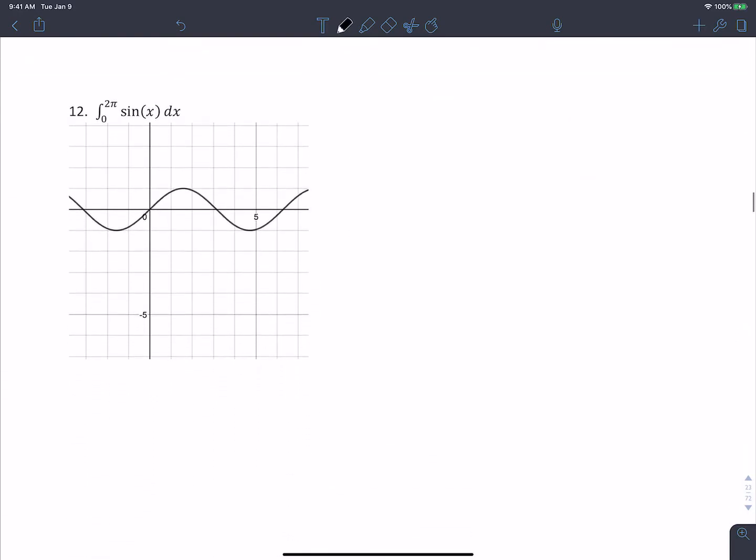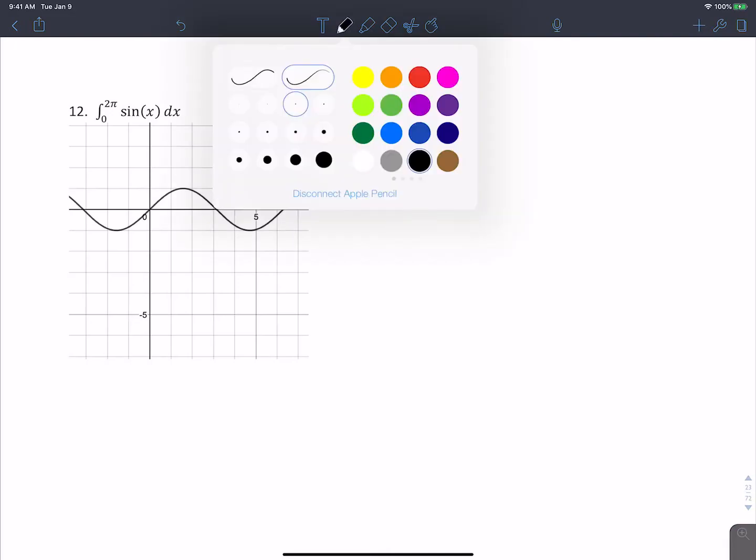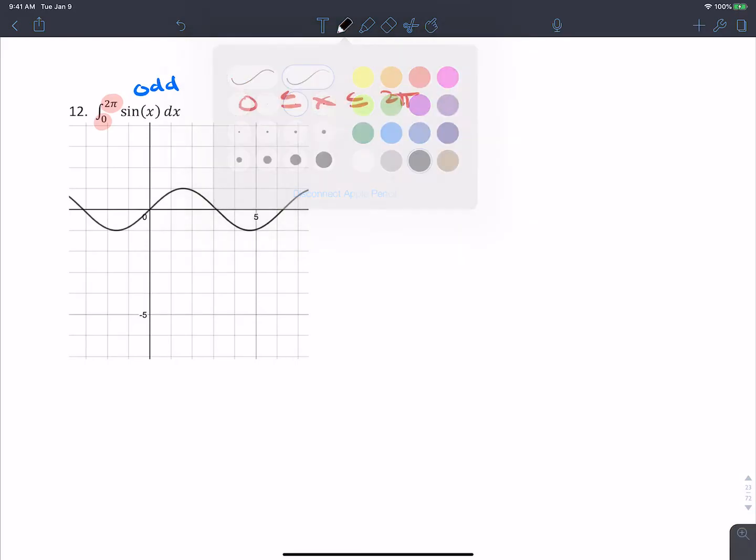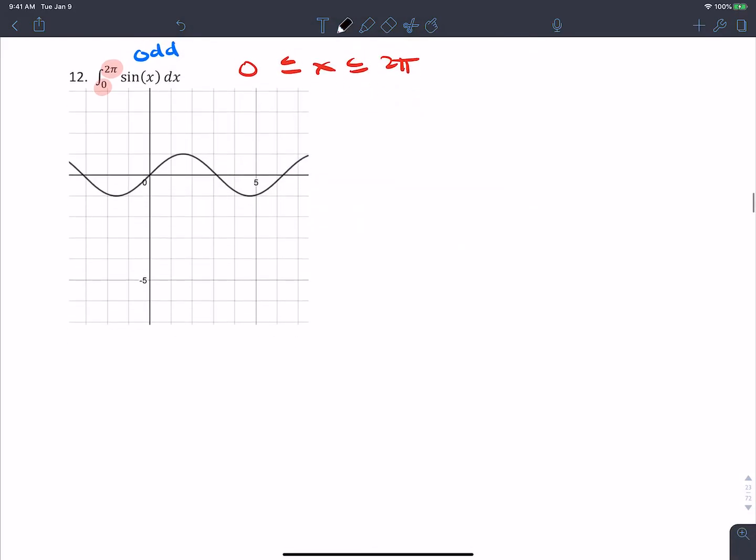Take a look. This is what I'm saying. Look at this one. You do know that your function here is what? But what about your interval? 0 to what? Is that symmetric? No. So what you would do here is you go about this integration and say, okay, you got to integrate from 0 to 2 pi sine dx.